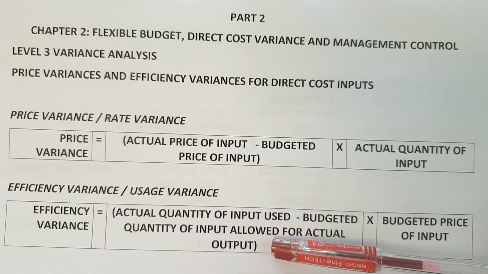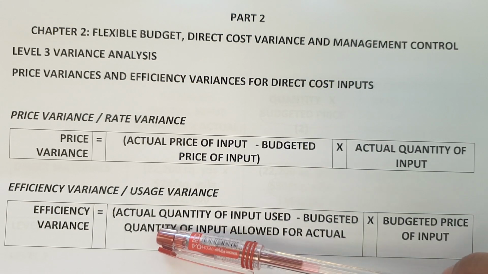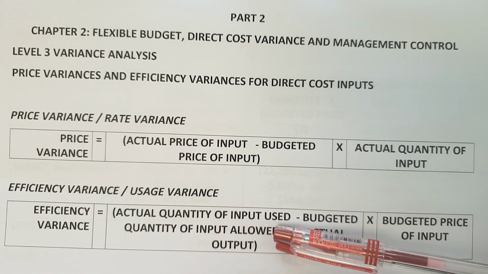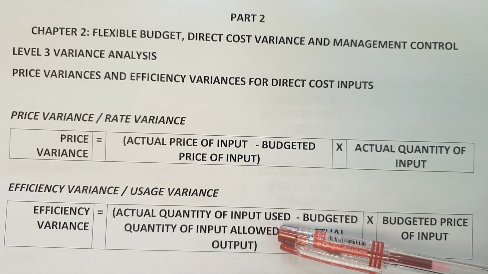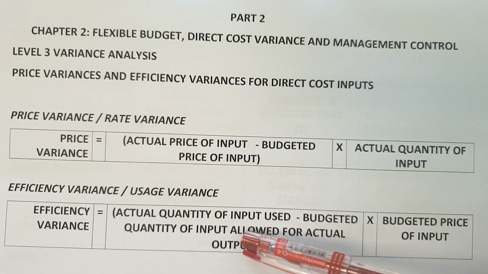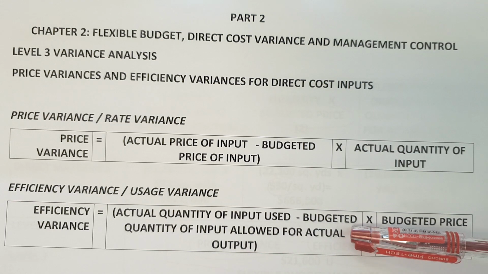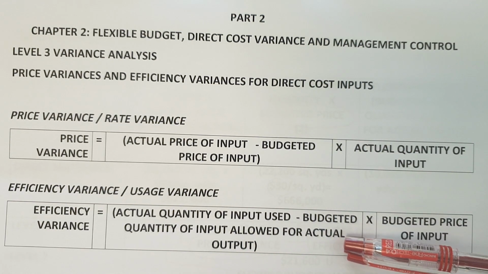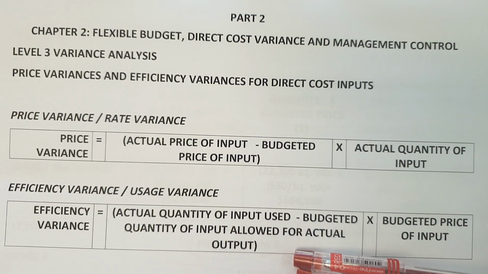The efficiency variance measures the actual quantity of input used to produce the products, and we compare it with the budgeted quantity of input allowed for actual output, the quantity that we plan to produce.